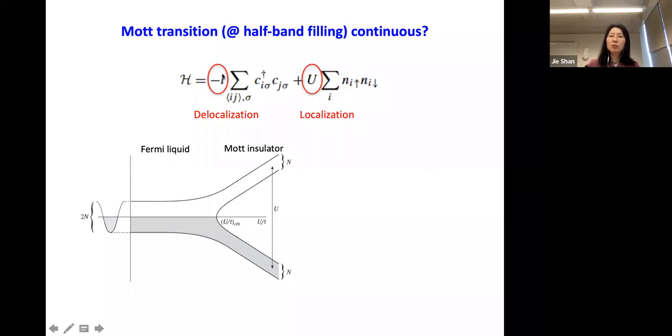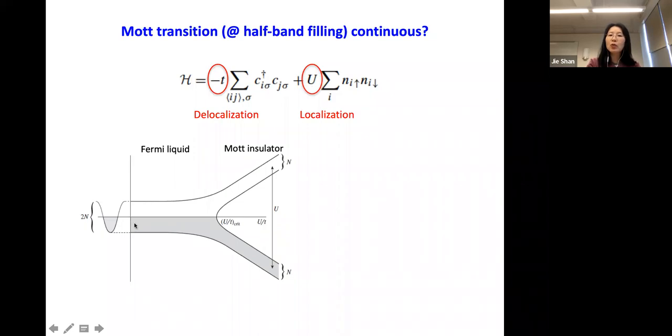The hopping term tends to delocalize electrons, and this U term, if you have full filling, like one particle per site, then electrons you don't want them to move, because when you move, you have a double occupancy and it will have this energy U to pay. If U is big, this is not favored.